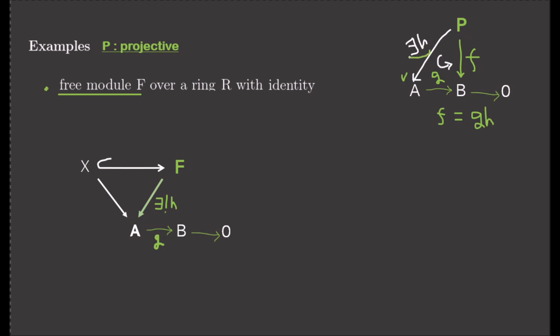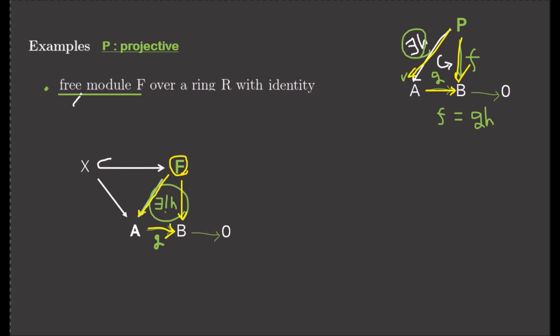So we can find a homomorphism h such that the commutative relation holds, in the sense of F. So clearly the free module F is a projective R-module.